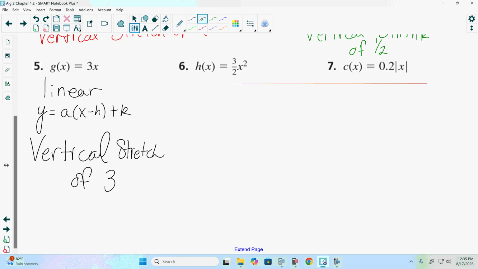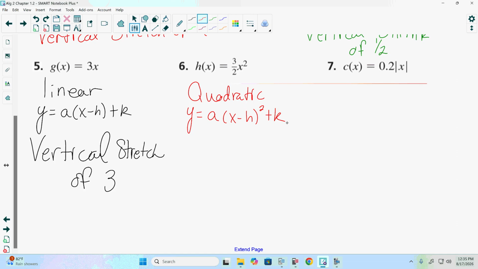h of x equals 3/2 x squared. Parent would be quadratic. The main reason it's quadratic is that squared term, x squared. y equals a times x minus h squared plus k.